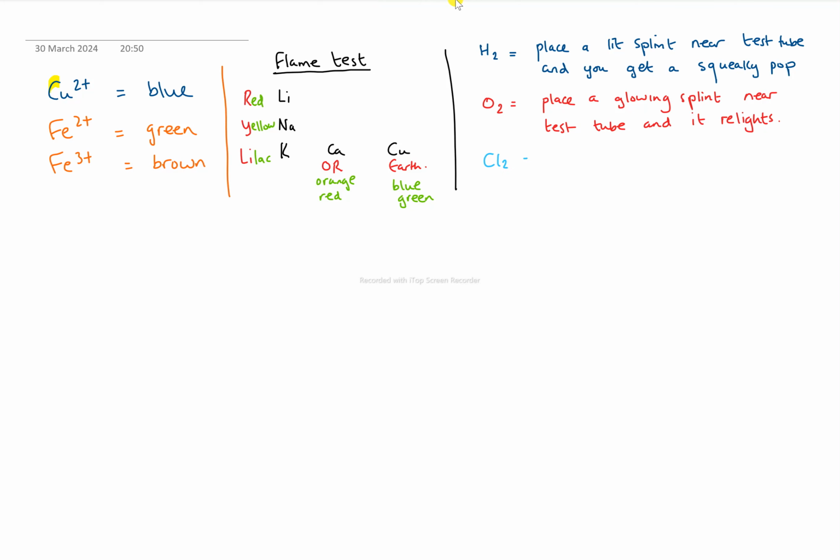Chlorine turns damp litmus paper white, or it bleaches it.